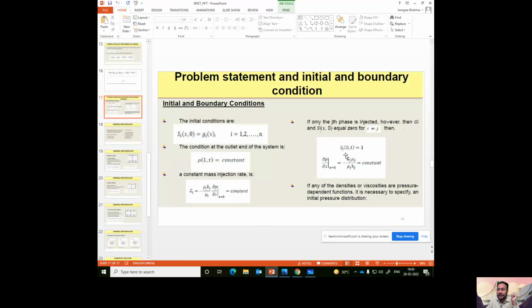The saturation at the beginning, x equal to 0, at the first inlet, is equal to 1, and this is constant. So this is our problem statement and initial and boundary conditions.